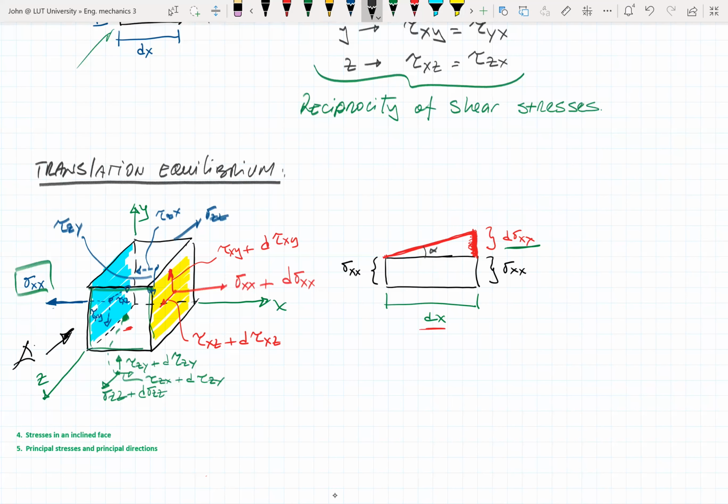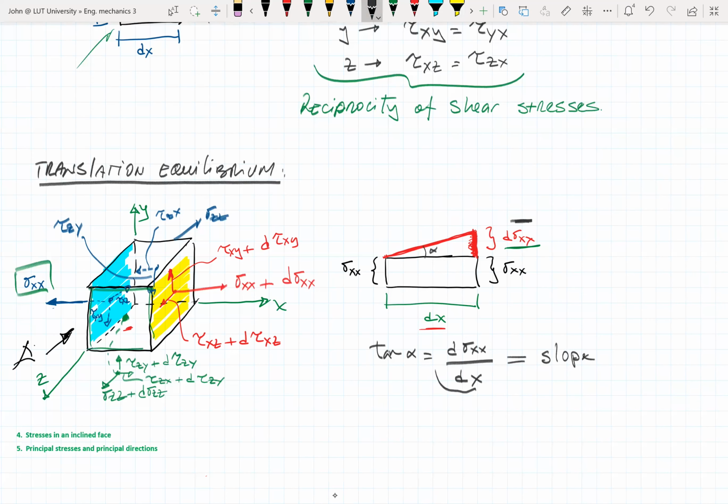So I can say that the tangent of alpha equals this small piece here, the differential of the normal stress, divided by the length, dx. Coming from the geometrical properties of the line, I know that this is also equivalent to the slope of that line that we're representing there.